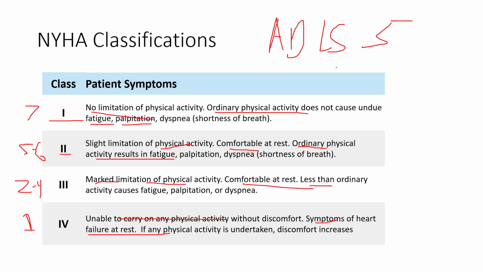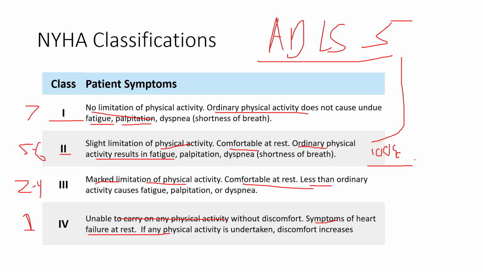Someone with class 2 can still do most ADLs, but even ordinary ADLs are going to cause some limitation because they're getting pretty close to 100%, roughly, of their peak capacity, even from basic stuff. But they can still do it. They've got enough cash in the bank, but they're living pretty close to their margins.